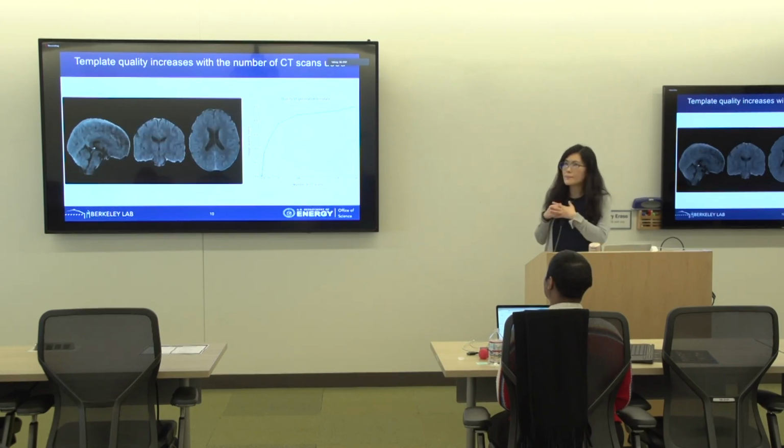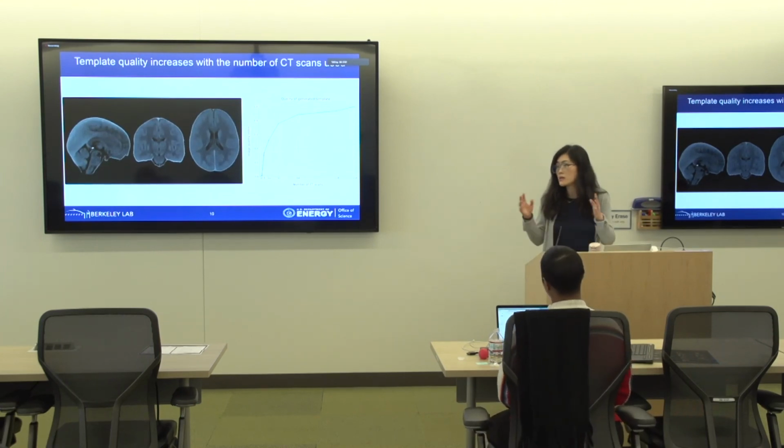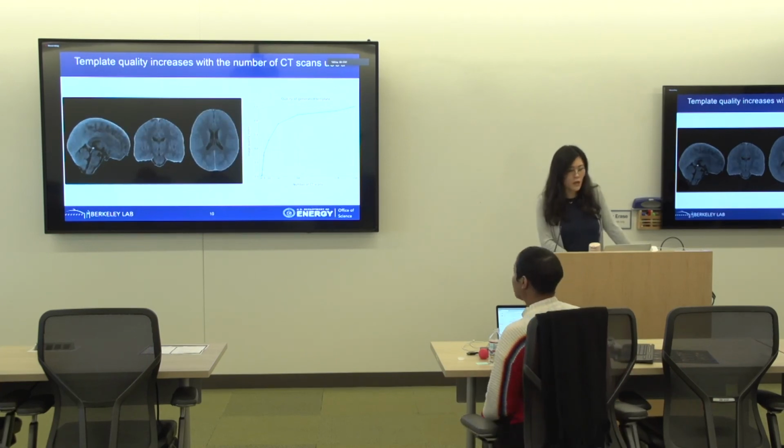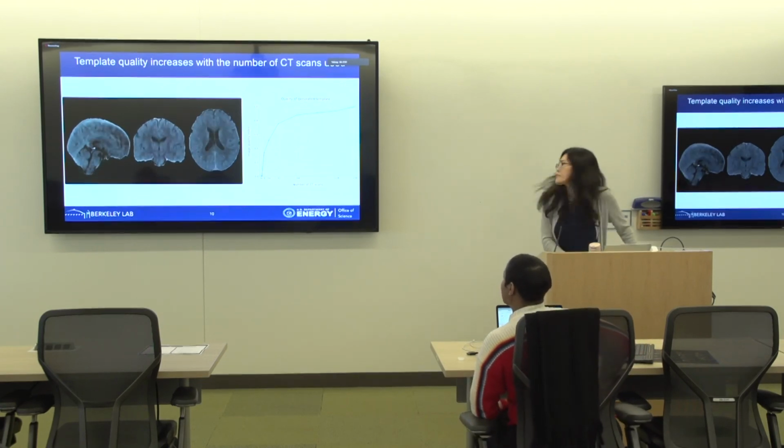So we generate a template not based on the TBI patients, but on clinical data close to normal people's brains, and then we register TBI patient data to this template. If you look at this animation again, increasing the number of subjects, you see a pretty good characterization of the contrast and tissues in the brain, and we are happy with it.